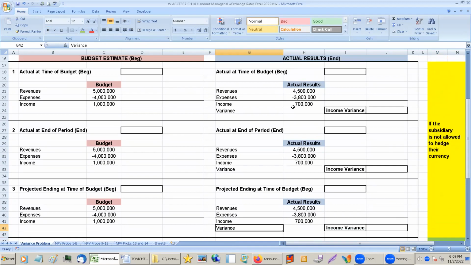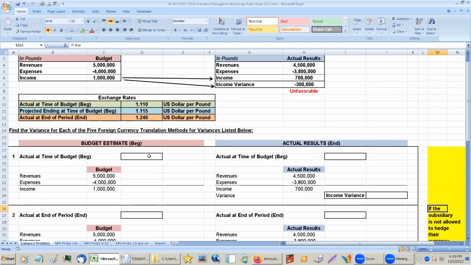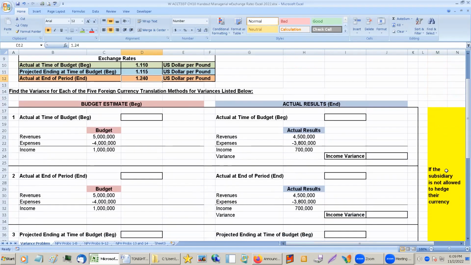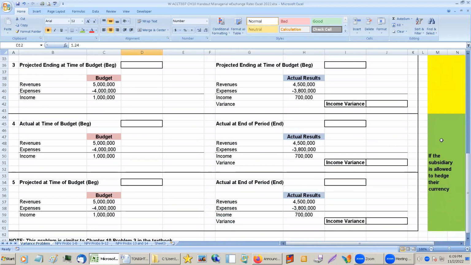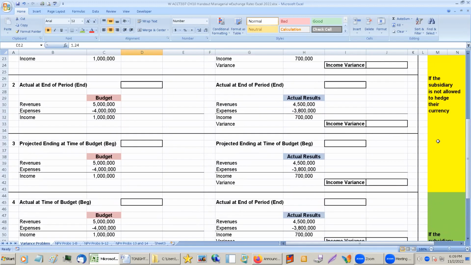Basically, you only want to evaluate them on those things that are under the control of the subsidiary. The subsidiary cannot change the market rates for a pound versus the US dollar. They don't have any control over it. They can hedge it if they're allowed to, but if they're not allowed to hedge, then it shouldn't be their problem.